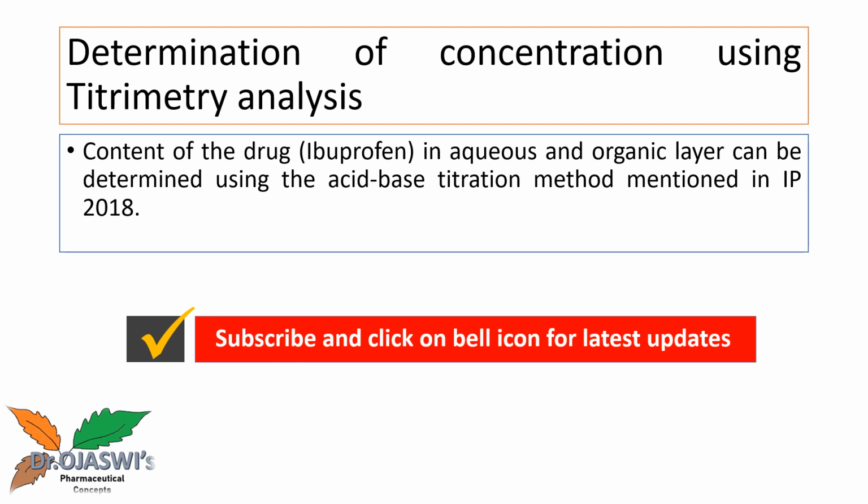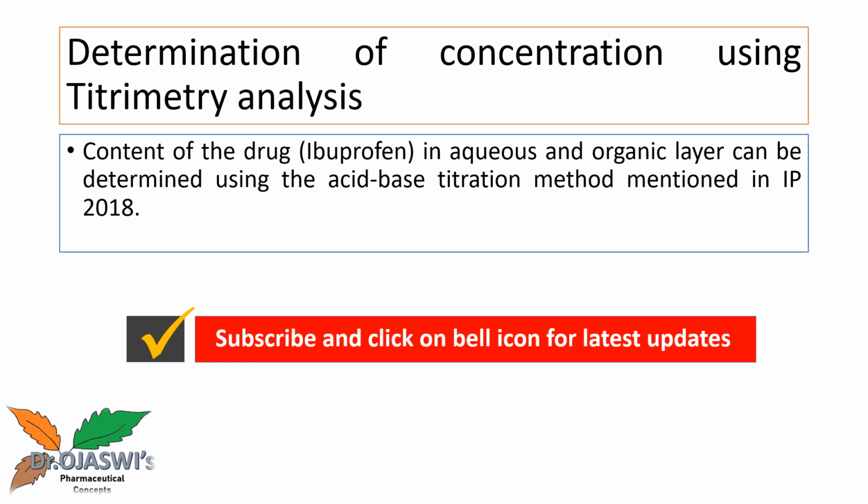Now these titrimetry procedures we can refer from the Indian Pharmacopoeia, where the individual drug's monograph is given. For example, for ibuprofen, in the Indian Pharmacopoeia the acid base titration method is mentioned, and using the specified indicator we can carry out this experiment, and the factor is also given there, as well as we can also calculate the factor.